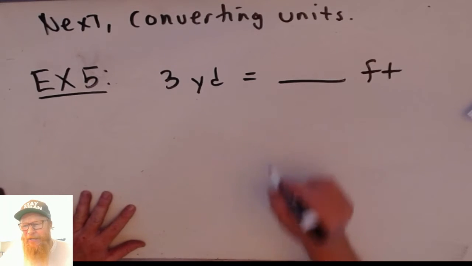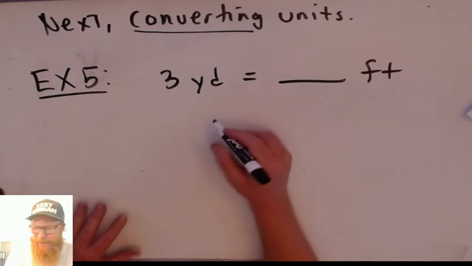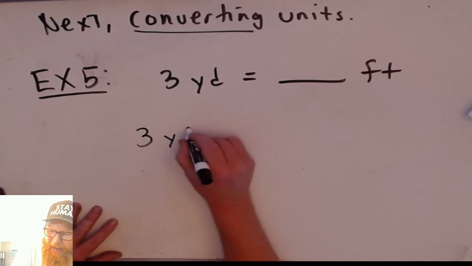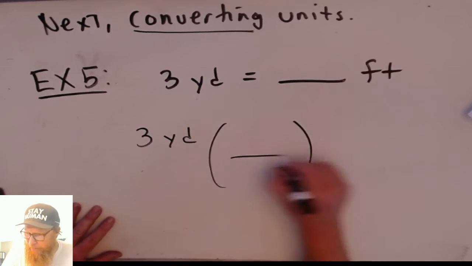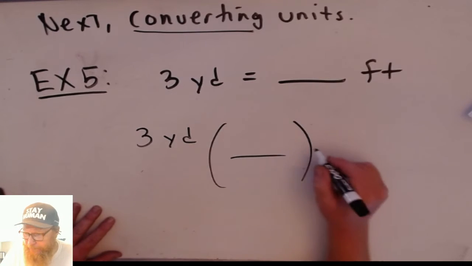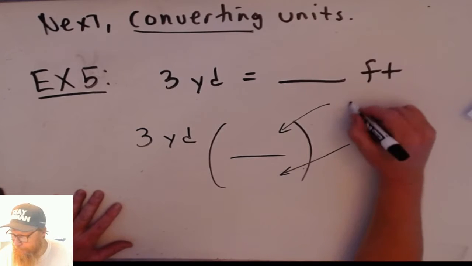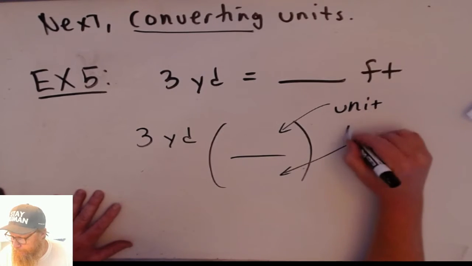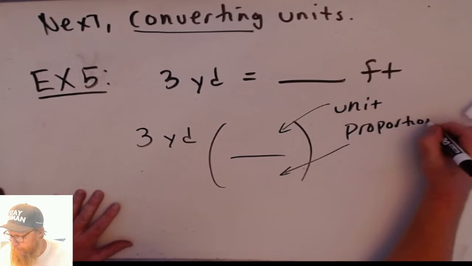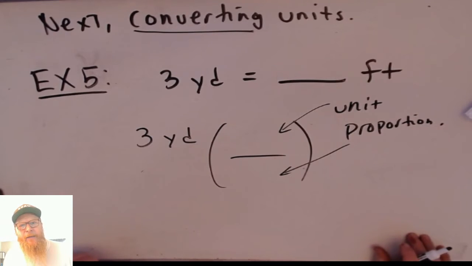Okay. So when you're converting units, you want to multiply by a unit proportion. Now, here's the deal.